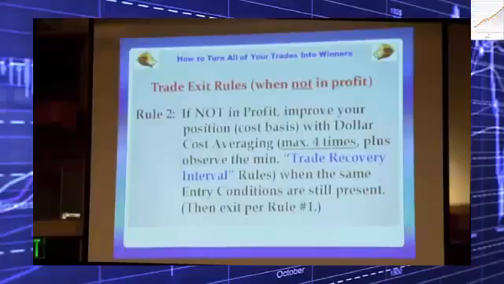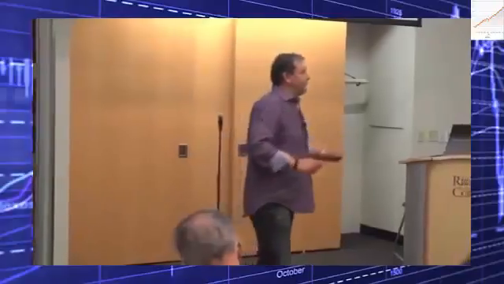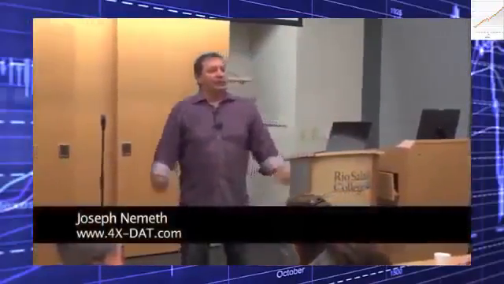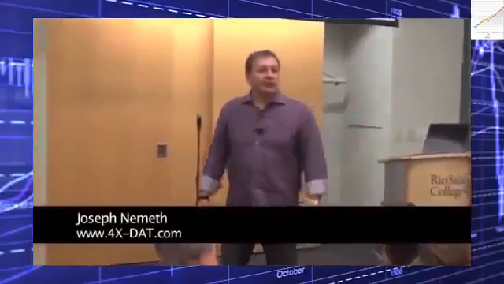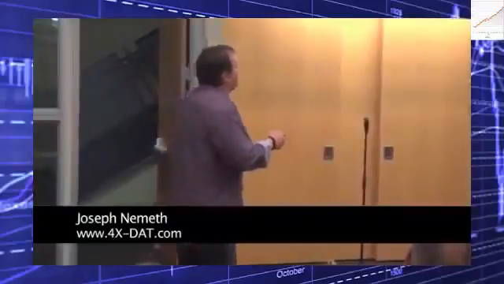And you can dollar cost average as many as 4 times. Remember when we, at the entry part of the system, only entered with 1/5 of the position that we would normally get in with? You've got 4/5 left over.